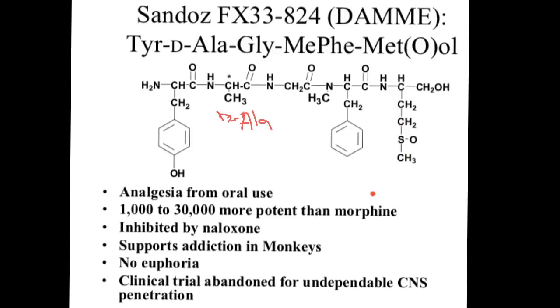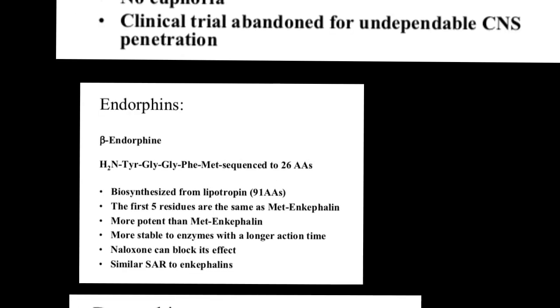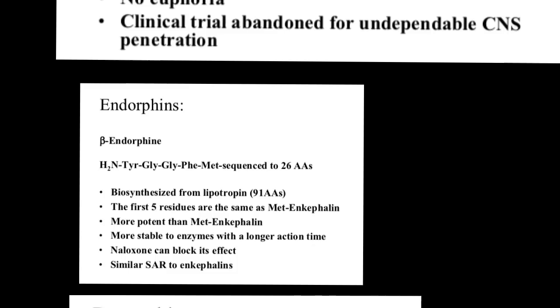Almost done. Your endorphins. These are biosynthesized. Here's your 4 amino acids: tyrosine, glycine, phenylalanine. This one is tyrosine, glycine, phenylalanine attached to a methionine, sequenced to 26 amino acids.